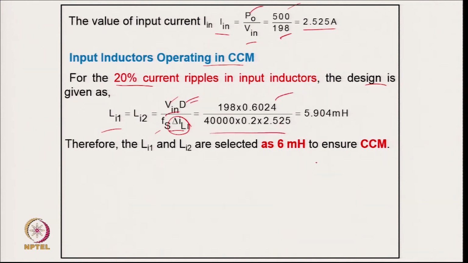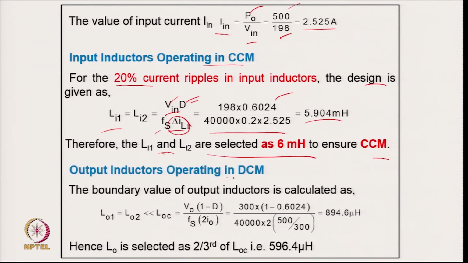Putting in the values of all these variables, it comes to 5.904 millihenry. To make sure it operates in continuous conduction mode, we select a little higher than that value. Therefore, Li1 and Li2 are selected as 6 millihenry to ensure continuous conduction mode of operation.